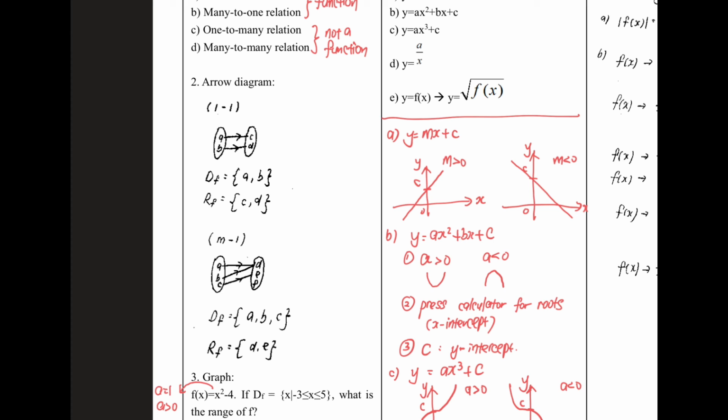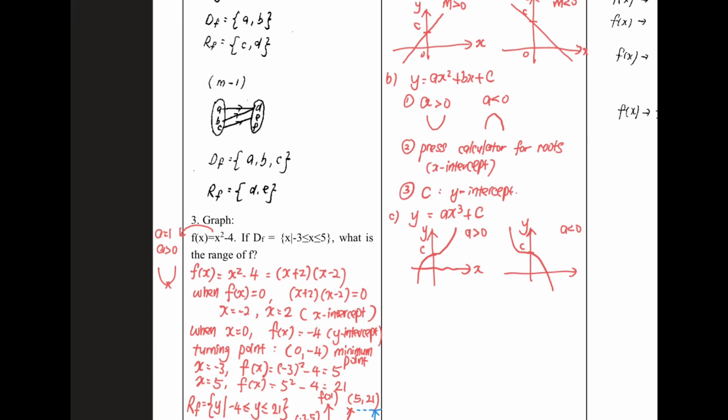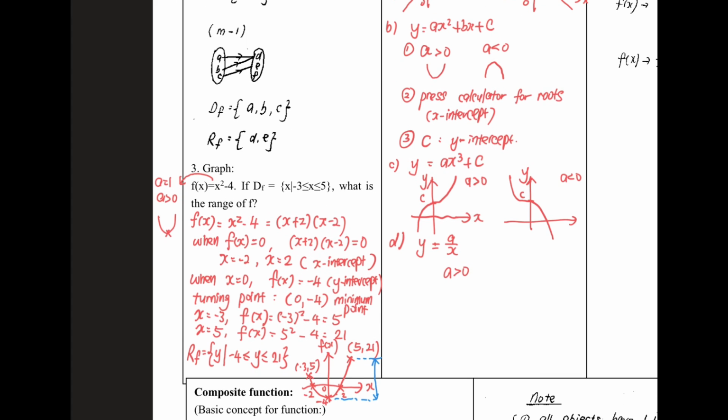We call this the reciprocal function. Reciprocal functions, where x stays at the bottom. So what to know about this is, if we have y equal to a over x, if a is greater than 0, the graph looks like this.